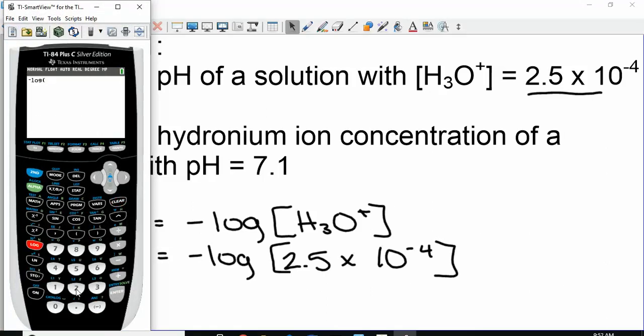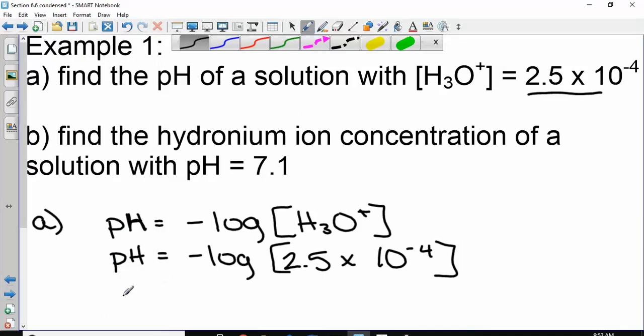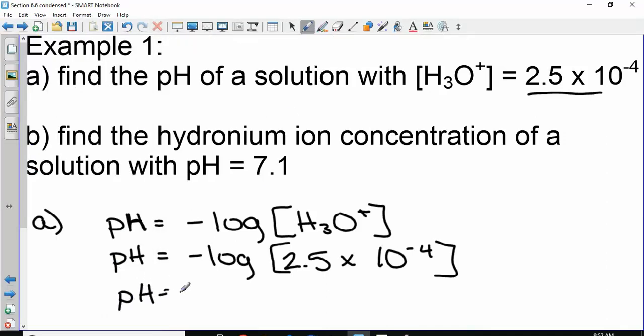Negative log 2.5 times 10 to the negative 4. And usually pH we round to 1 decimal place. So we would say 3.6 for the pH of that solution.